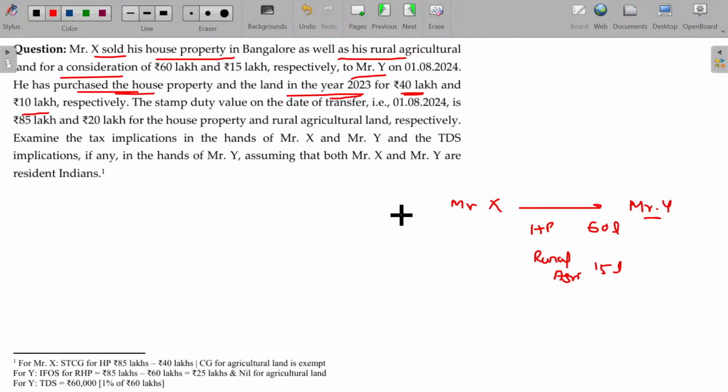Cost of acquisition for him being 40 lakhs and 10 lakhs respectively. But this house property's stamp duty value being 85 lakhs and this one being 20 lakhs.